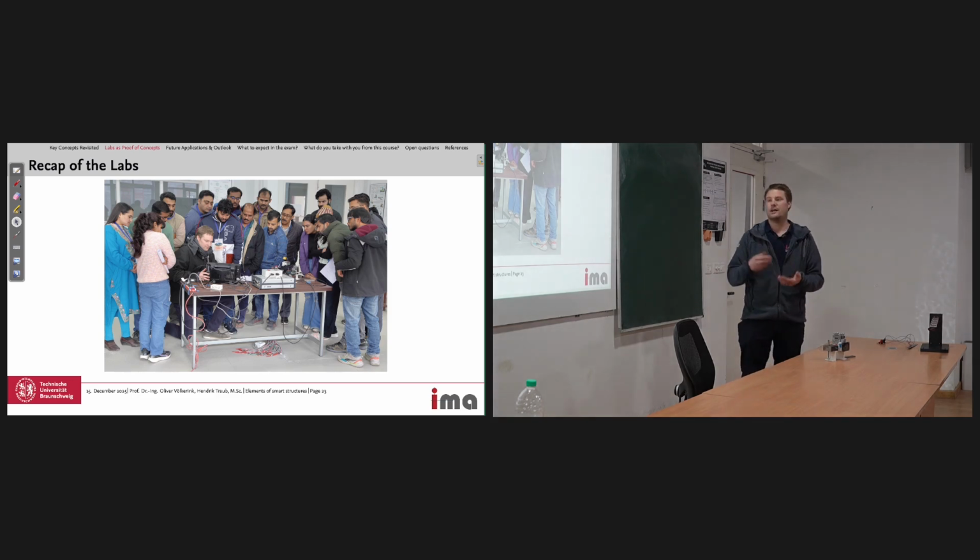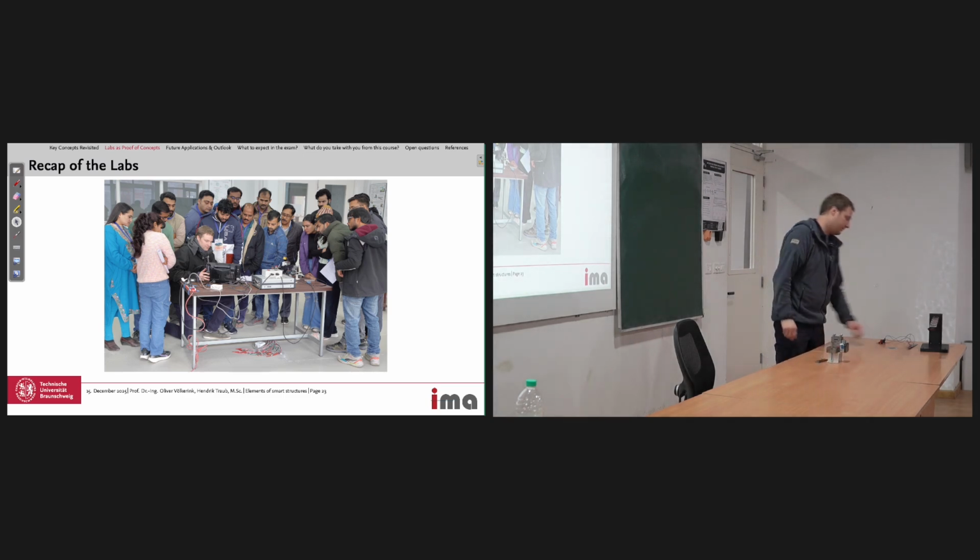And this you can calculate into a displacement, and from the displacement you can determine the strain. So what we had in the lecture was strain over field, and the field you can also get from the excitation voltage by dividing it by the distance between the electrodes. Okay, so this was our second experiment.